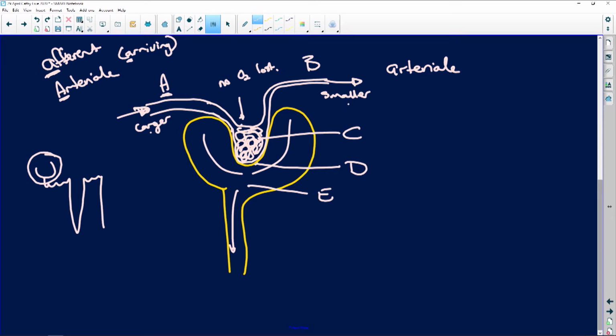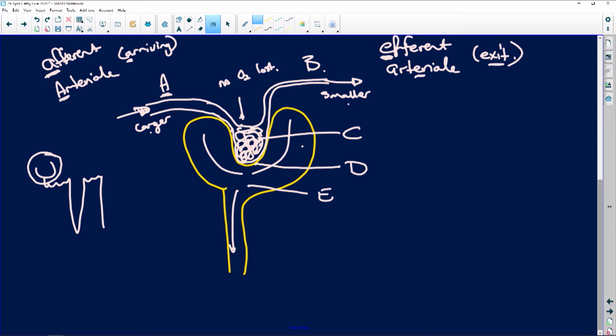This one, B, is your efferent arteriole. Efferent, remember, exit. So your afferent arteriole arrives at the Malpighian body, and your efferent arteriole exits the Malpighian body. So A is afferent, B is efferent arteriole.